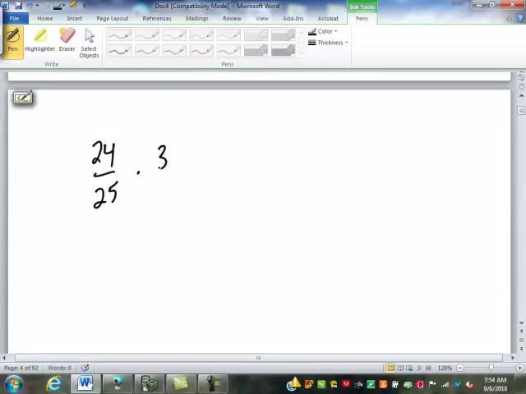But I can run into problems like this next one: 24 25ths times 35 36ths. If I were to multiply this out, 24 times 35 is 840, and 25 times 36 is 900, and I could reduce that. But that's big numbers, and I don't want to do that much reducing.